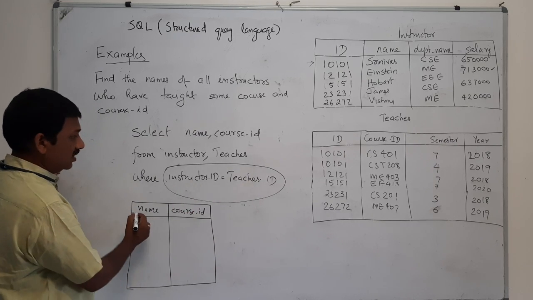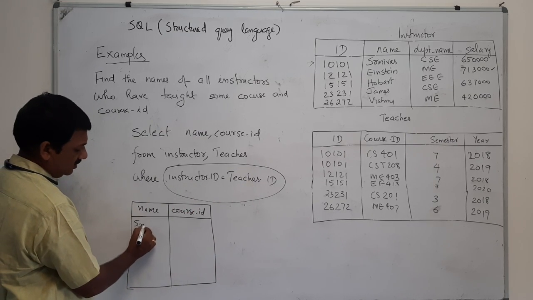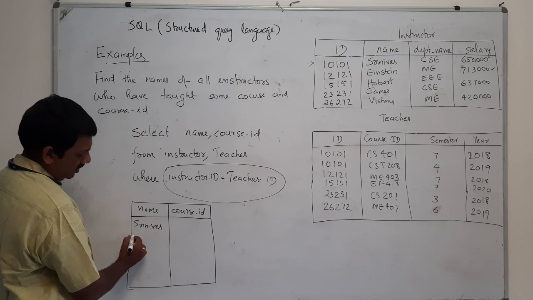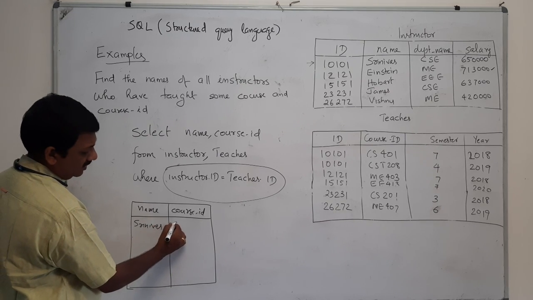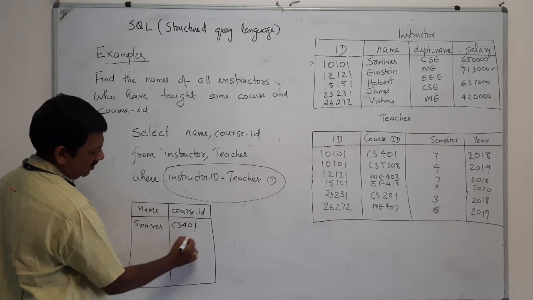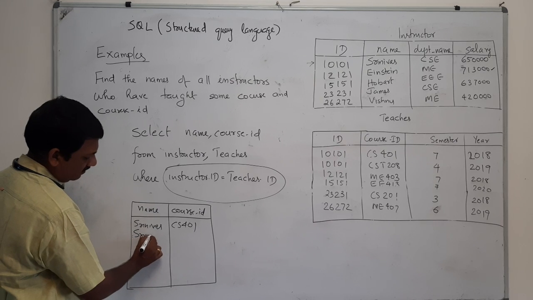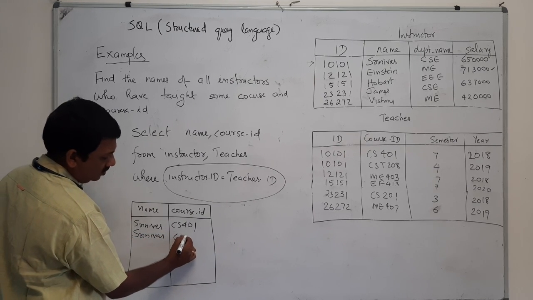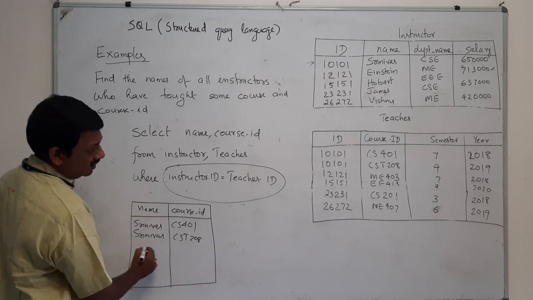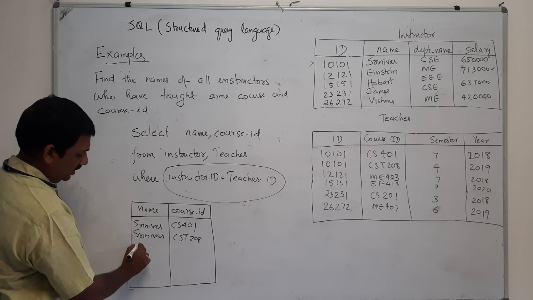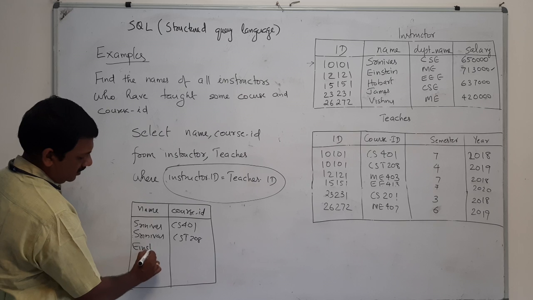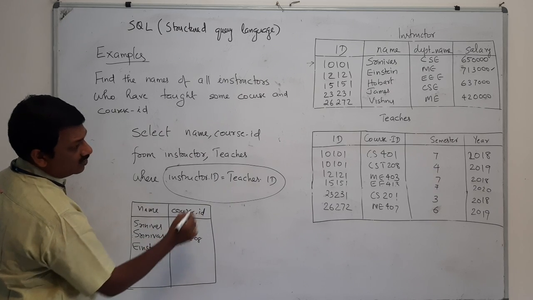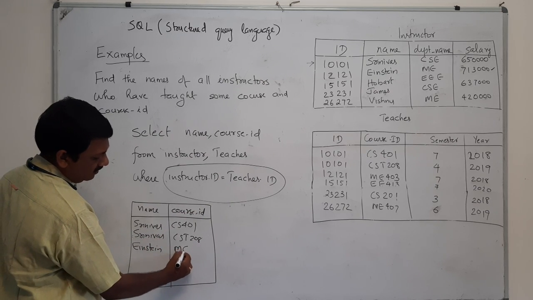That means name is Srinivas, and the course is CS 401. Again Srinivas, CS 208. Then next is Einstein, whose course is ME 403.